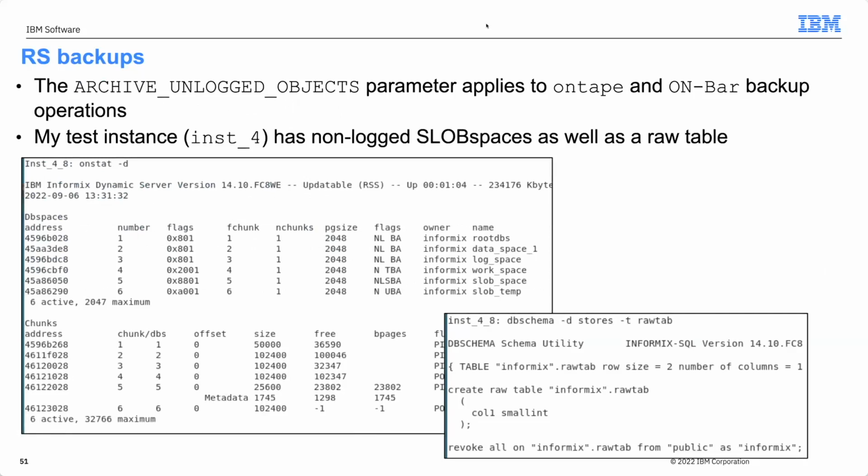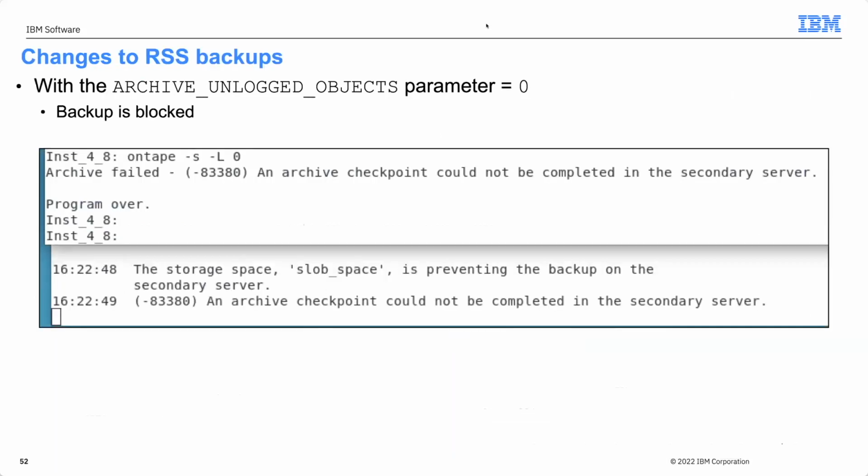In my test instance, I had both a non-log slob space as well as a raw table. In my testing on FC8, I turned on the backup from secondary parameter, then set archive unlogged objects to 0, and tried to do a backup. Of course it failed. In the message log, it said here's why I failed: here's the first object I found that violates the condition.